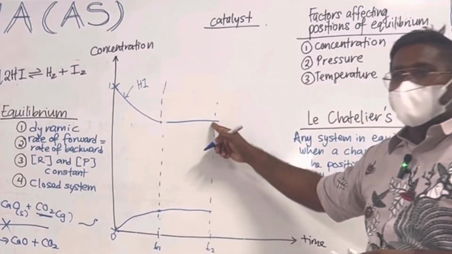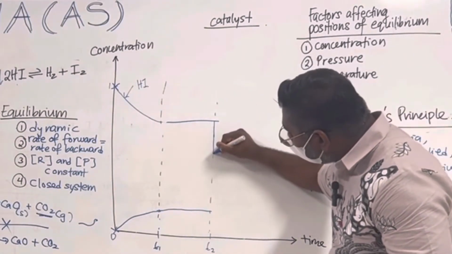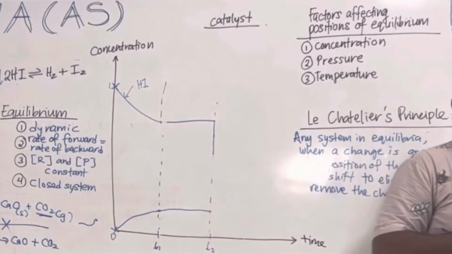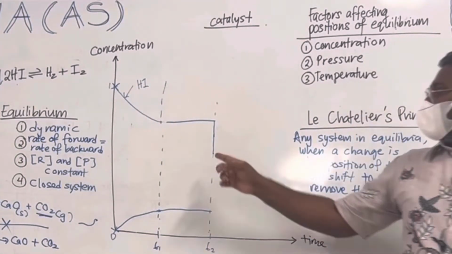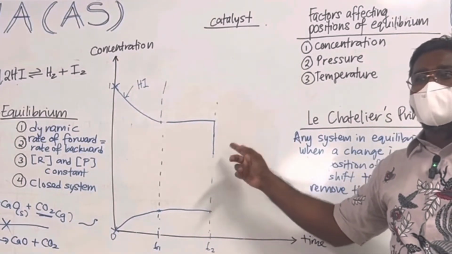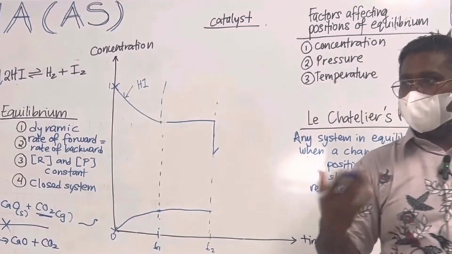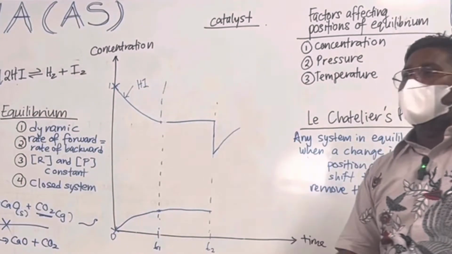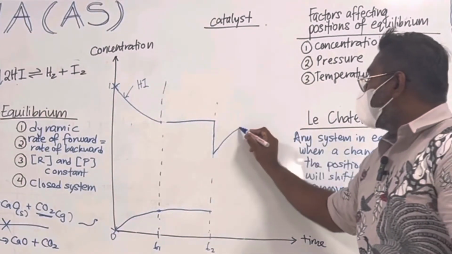It was stable over here, and then I decided to decrease it immediately. It's like Rico, you pull him over here. So what happens? The system will try to increase it back, but it cannot come back to the original again. Maybe up to here.